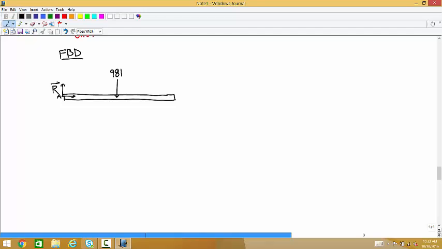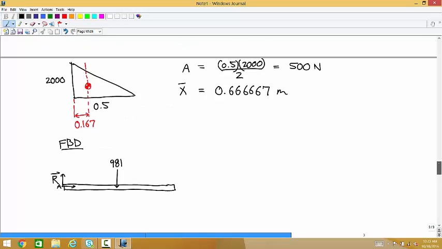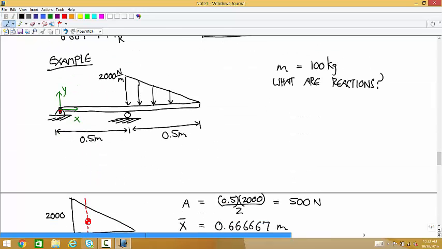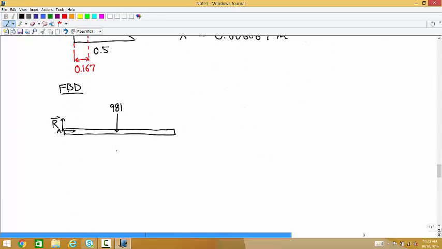That's 981. Then there's the force applied by the roller. That's going to be an upward force, also at the middle. I'll call that RB.